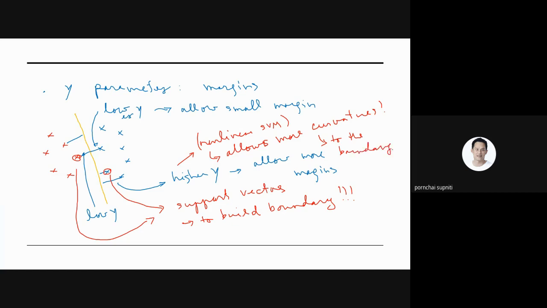So when you have higher gamma, instead of having just a nonlinear curve like that to classify the boundary, you can have a more curvy type. So this is for higher gamma, and this is for lower gamma for nonlinear SVM.